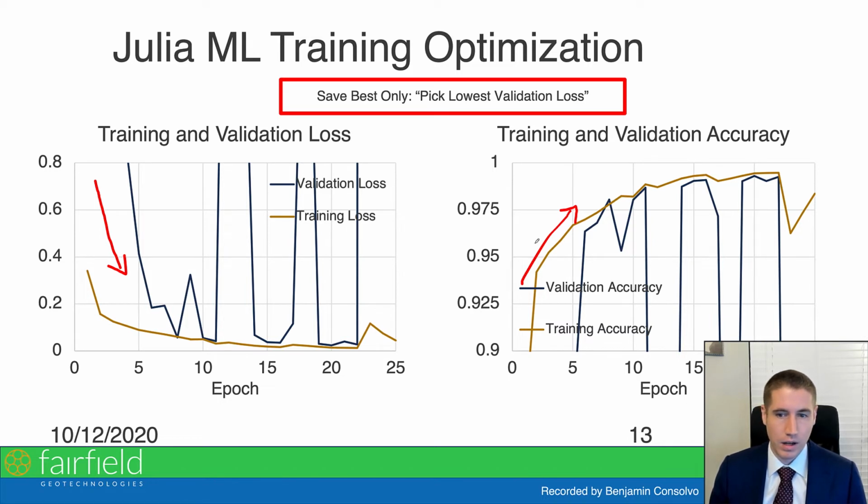The validation accuracy does bounce around up and down, but remember that only 2 inlines were used during the validation process, and with such little data for validation, it isn't so abnormal for this curve to bounce up and down. As I pointed out at the top here, we picked the lowest validation loss for our model, so it didn't really have an impact on the model that we ended up using for prediction.